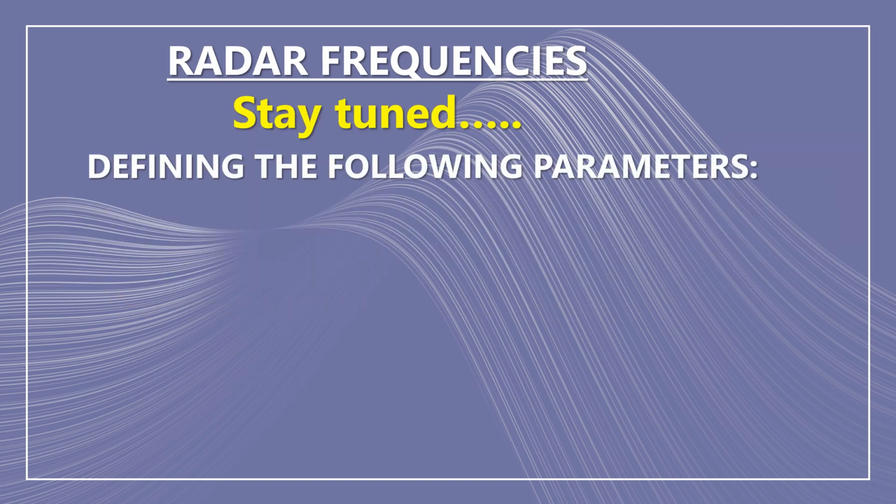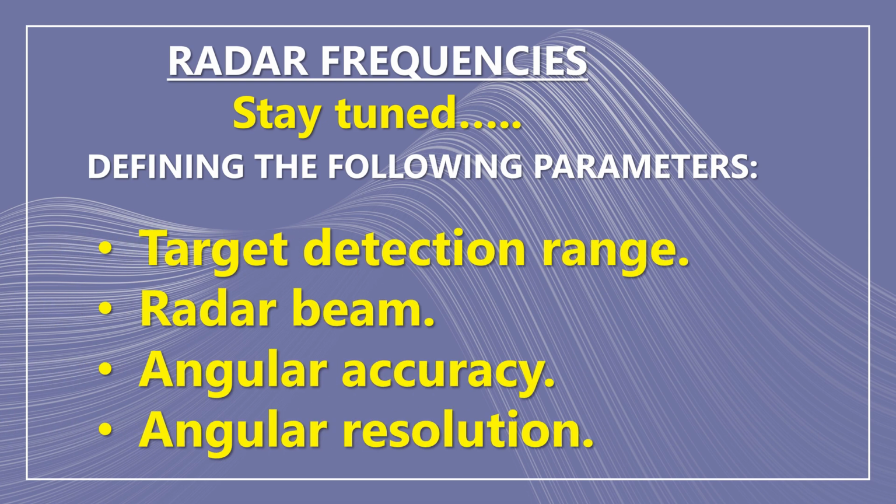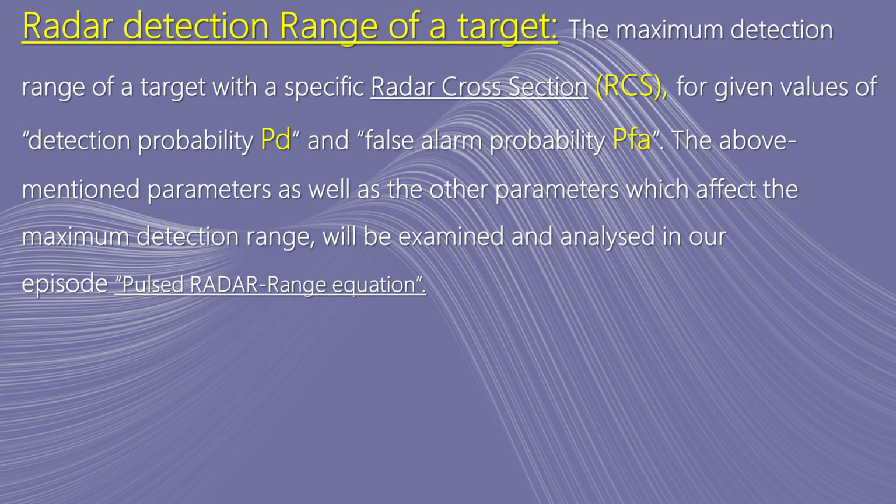Stay with us as we further discuss some fundamental concepts of radar theory, such as target detection range, radar beam, angular accuracy, angular resolution. Radar detection range of a target is the maximum detection range of a target with a specific radar cross-section, RCS, for given values of detection probability, PD, and false alarm probability, PFA.